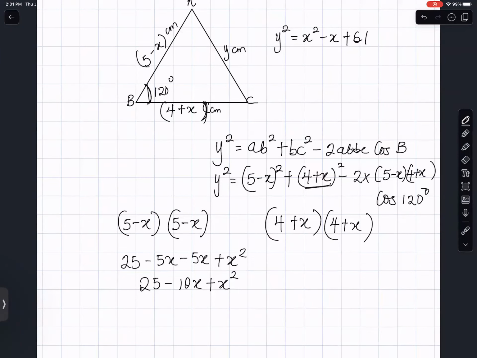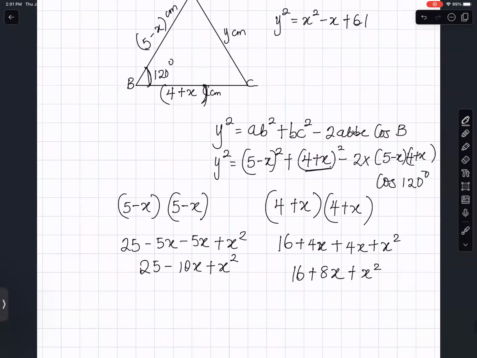That gives us 16 plus 4x plus 4x plus x squared. So we have 16 plus 8x plus x squared.